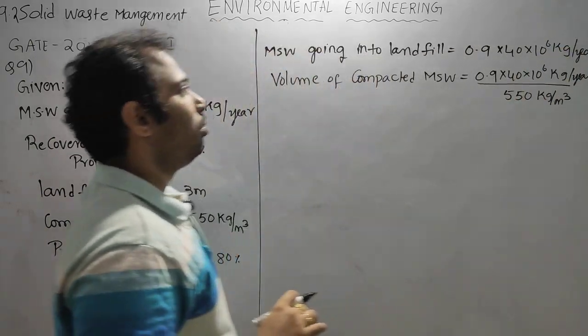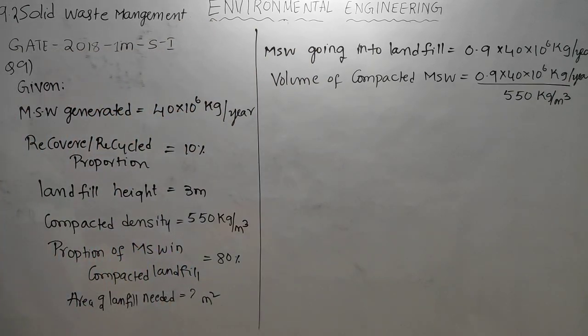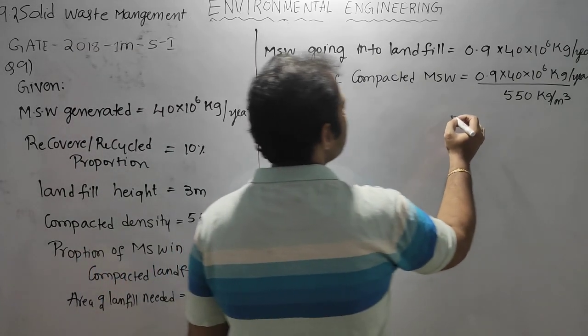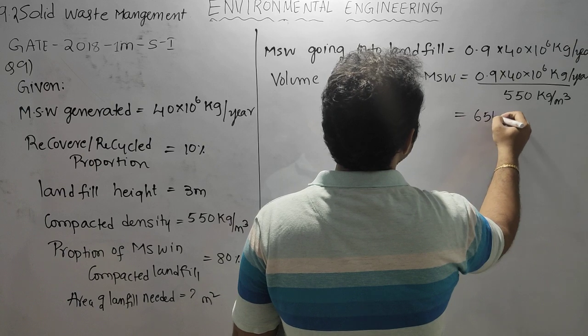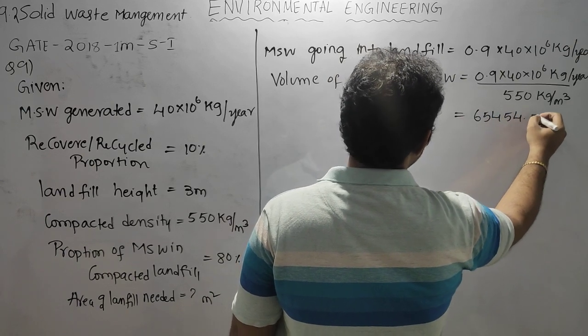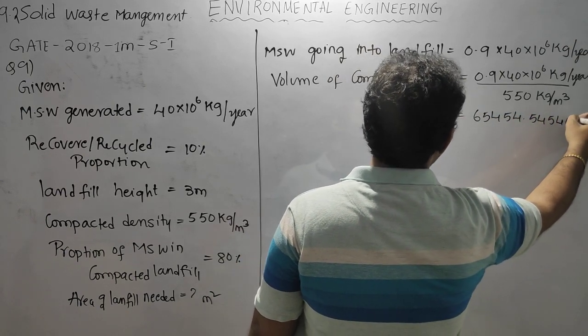So the volume of the compacted MSW, we will get it as 65454.5454 meter cube per year.